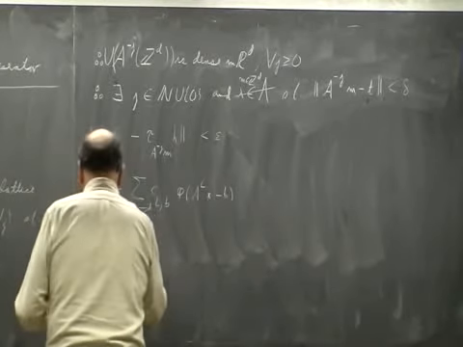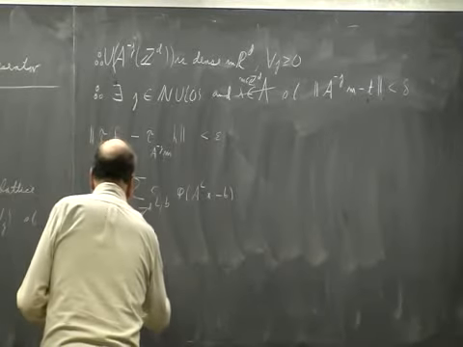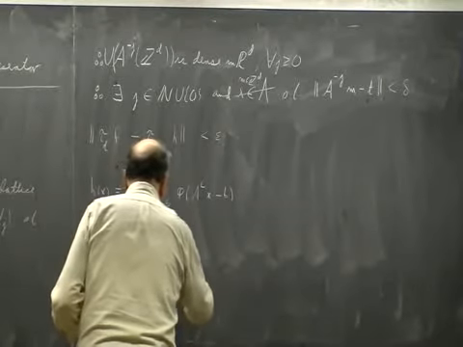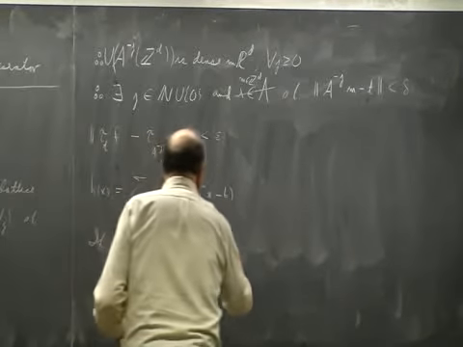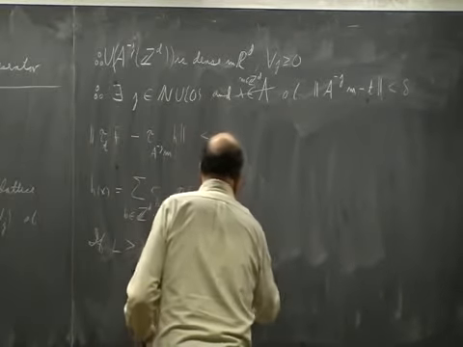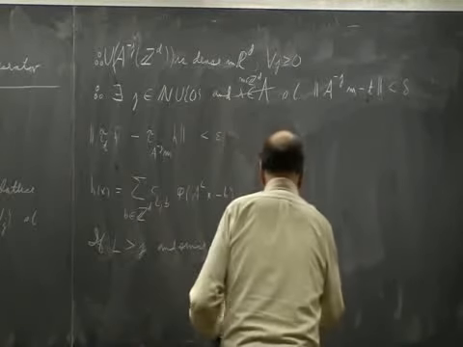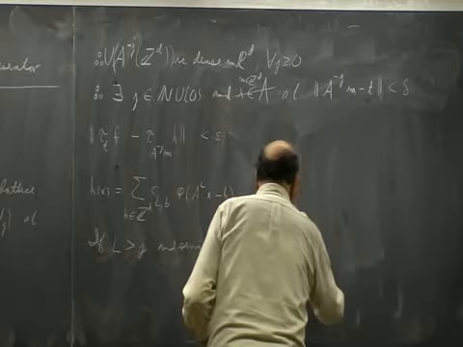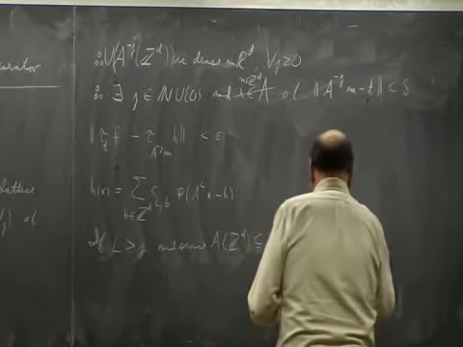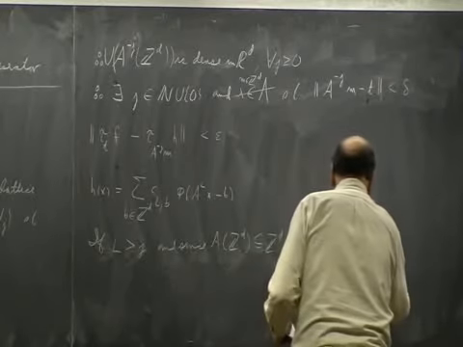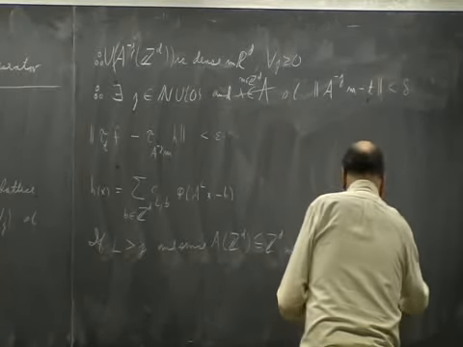And then if L is bigger than J, and since A Z^d is contained in Z^d, we have that A^(L-J) of m is in Z^d.